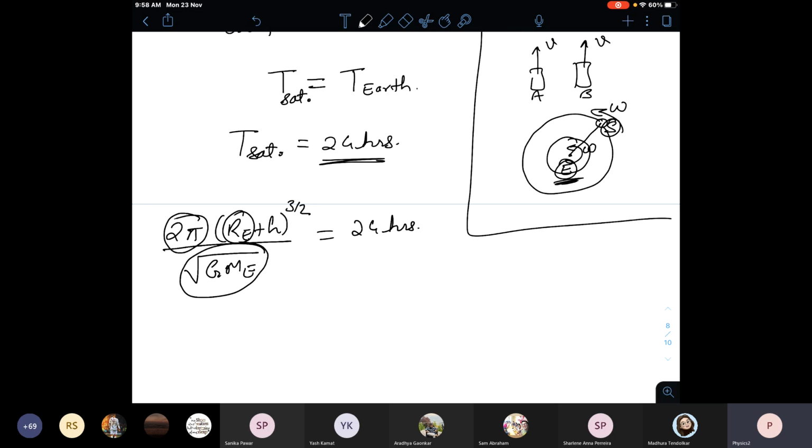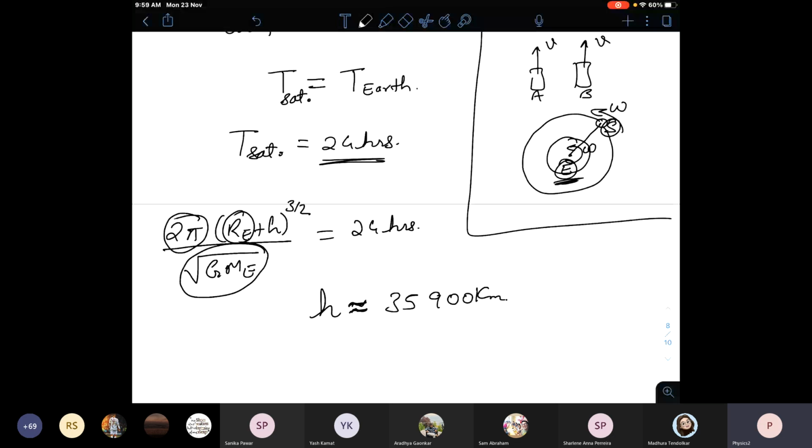For a geostationary satellite, on putting all the values and calculating, the value of h comes out to be approximately 35,900 kilometers.